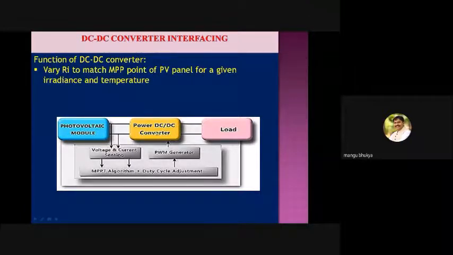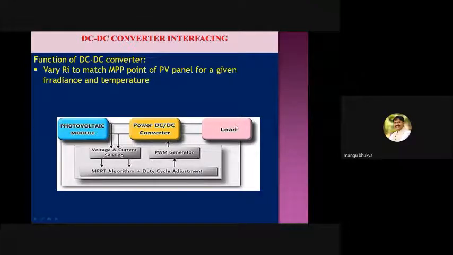It will do only one job: either it can protect the load, or it can extract the maximum power from the source. Individually it can do both works, but simultaneously it can't. Extracting maximum power and protecting the battery at the same time, it can't do.